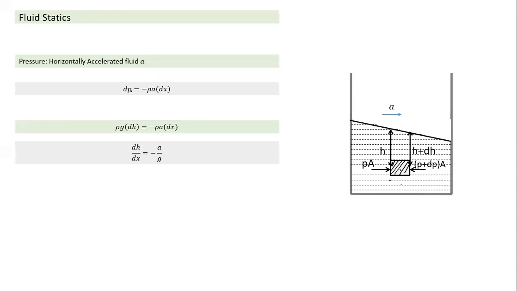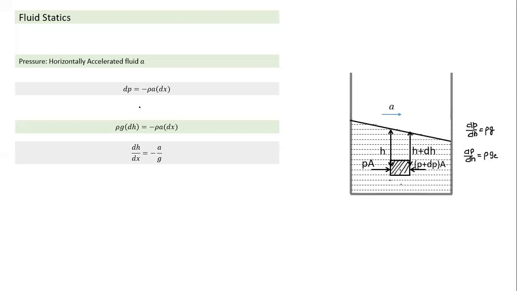So far I've done three things here. We started with the variation of pressure in the vertical direction: dP by dh equals rho times g when the liquid is unaccelerated. Earlier, in the horizontal direction there was no acceleration, so dP by dx was 0.